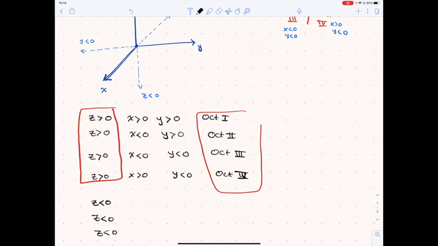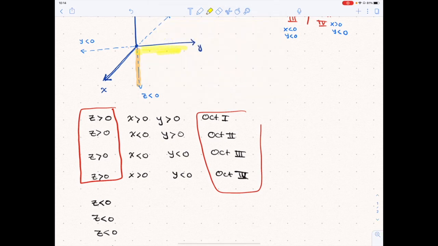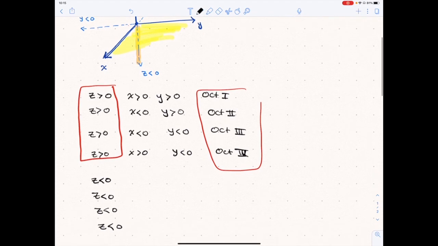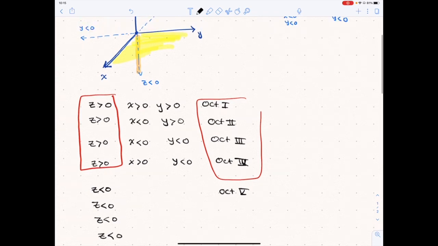So now we are focusing down here, Z below the XY plane, but we still go and label our quadrants for the next octant. So octant 5, for example, Z is negative, and I'm back to quadrant 1, which is X is positive, Y is positive.